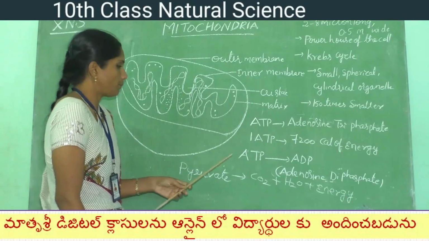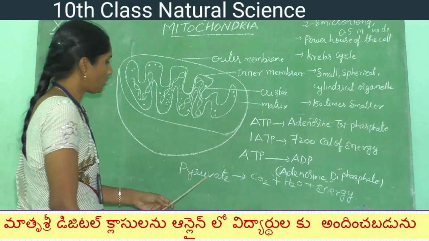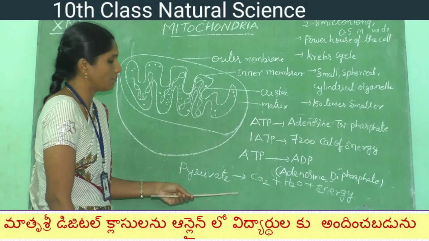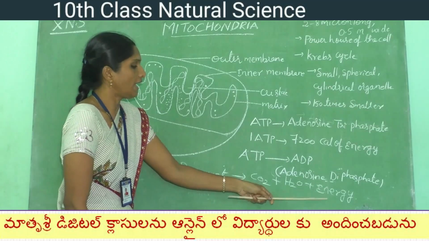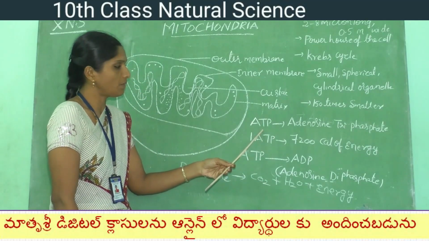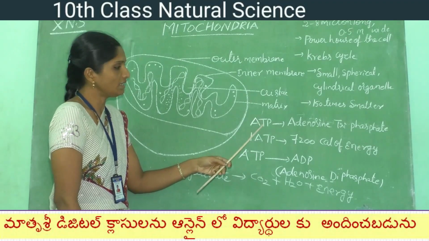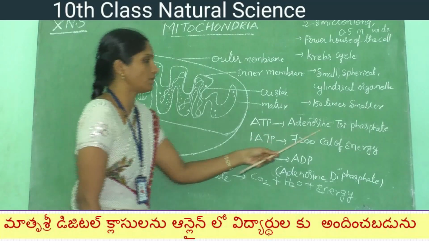In the process of aerobic respiration, the Krebs cycle, pyruvate is totally oxidized to form CO2, H2O, and energy. Energy is in the form of ATP. What is the meaning of ATP? ATP means adenosine triphosphate.